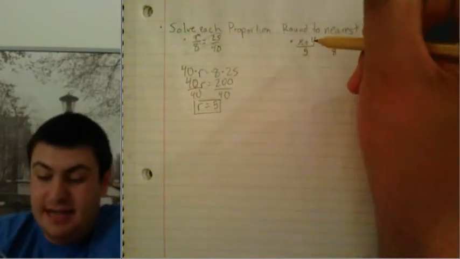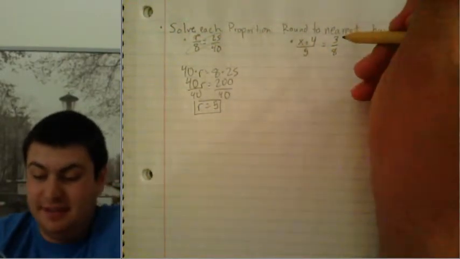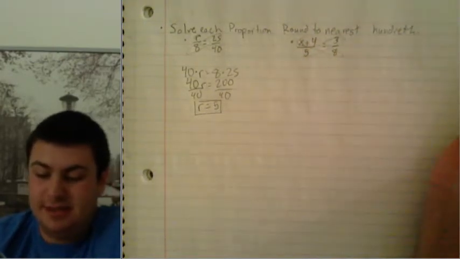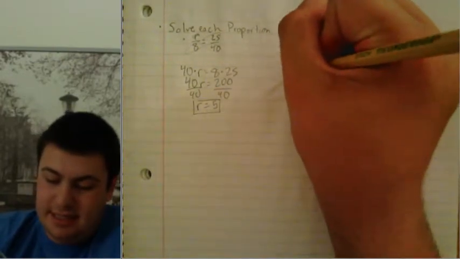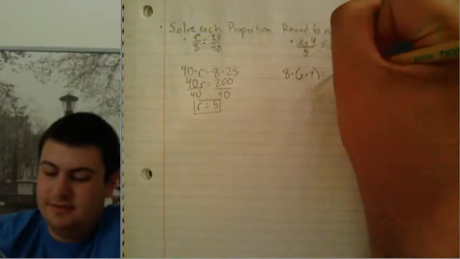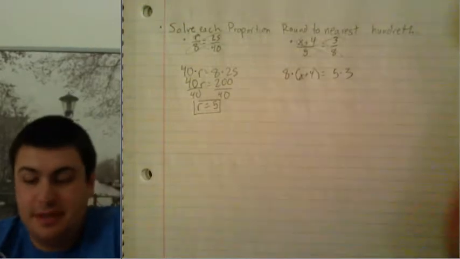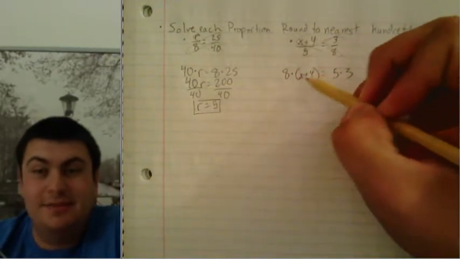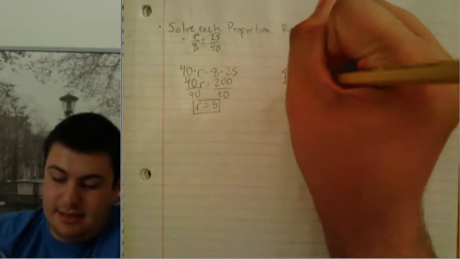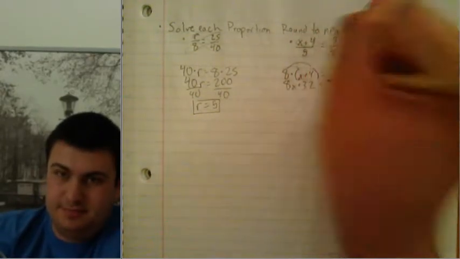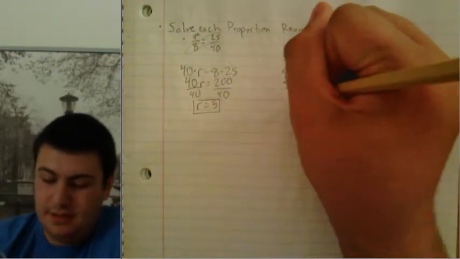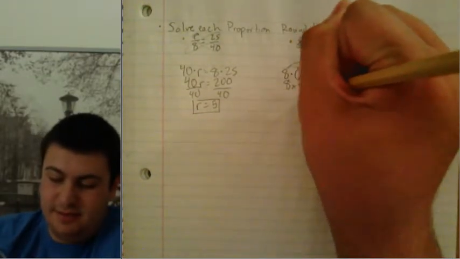We look over here: x plus 4 over 5 equals 3 over 8. We still use our means extremes, or our cross product, to see that 8 times the group x plus 4 equals 5 times 3. So 8 times this group, we're going to have to do a little bit of distribution. So 8x plus 32 equals 15. I'll subtract 32 from both sides.